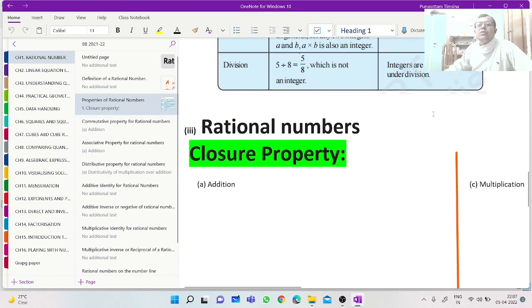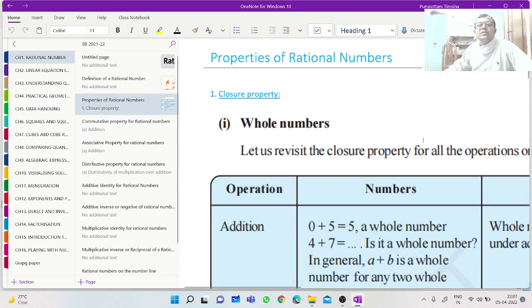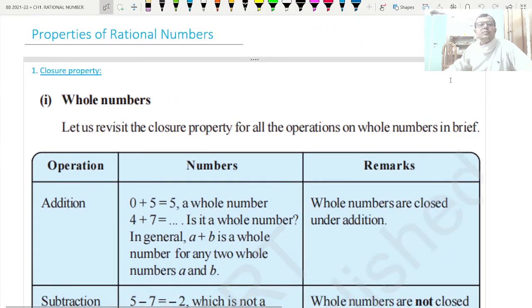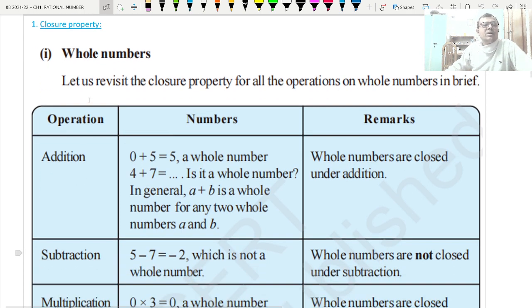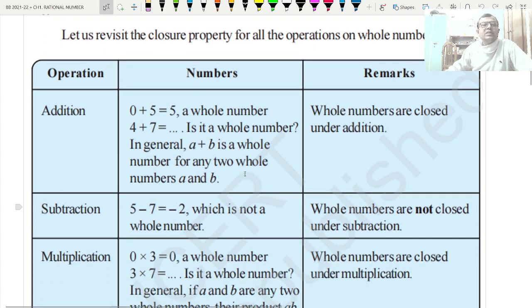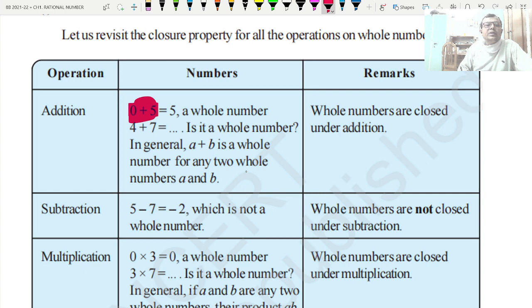Alright, now let us discuss some properties of rational numbers. Okay, now you see, before starting rational numbers, let us see for whole numbers. For whole numbers, we will discuss the closure property. Take two whole numbers. If you add two whole numbers, the answer is a whole number, right?